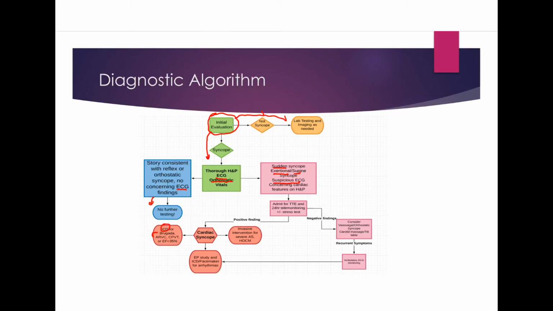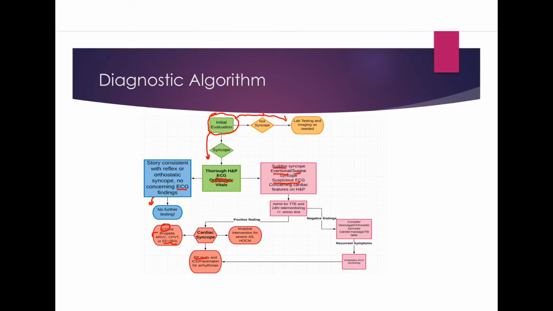They should also be referred if they meet the criteria for ICD based on low ejection fraction heart failure with an EF less than 35. Patients with other causes of arrhythmia, such as Wolff-Parkinson-White syndrome or supraventricular tachyarrhythmias, can be referred for an EP study to ablate the source of the supraventricular tachycardia or accessory pathway.